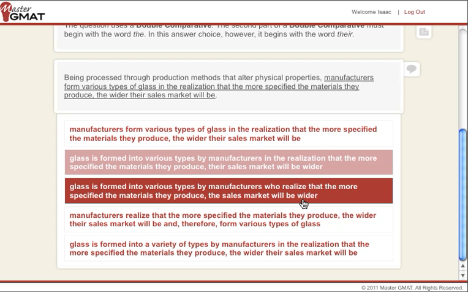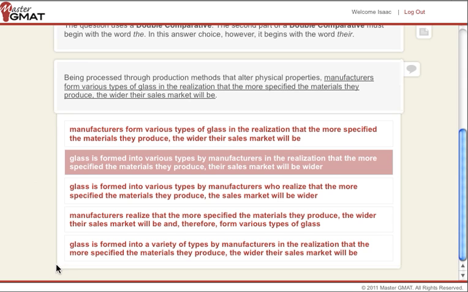In this answer choice, it begins with the word their, right? So, glass is formed into who realize that the more specified the material they produce, the sales market will be wider. No, the sales market will be wider. It should start with the wider, etc., etc. Okay, so that doesn't make much sense. We get rid of that.